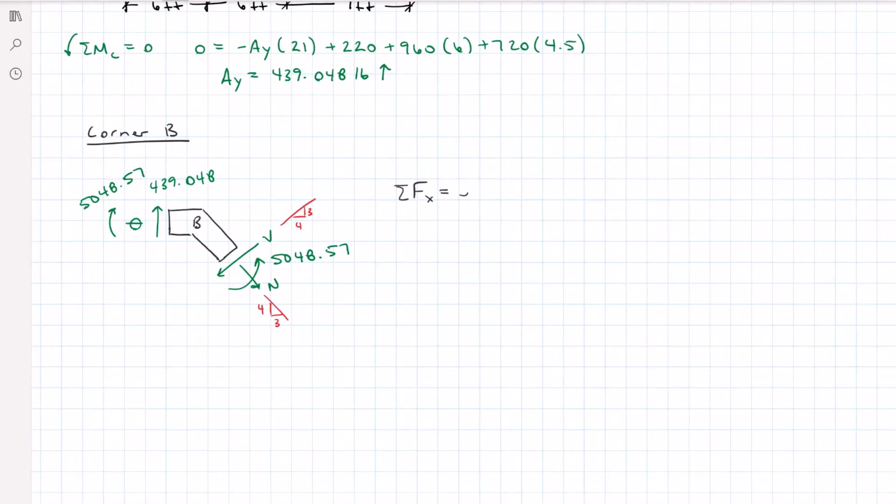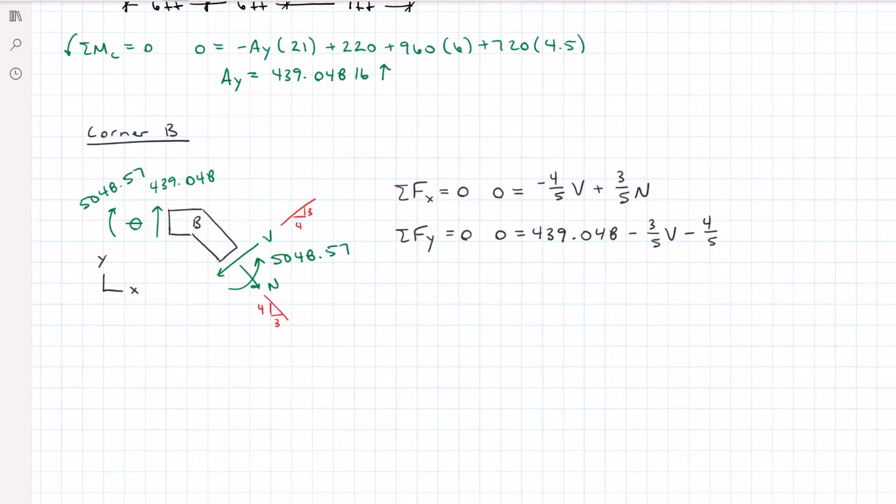Summing forces in the X direction, I'm going to have 0 is equal to minus 4/5 of my shear V plus 3/5 of my normal force N. Summing forces in the Y direction, I'll have 0 is equal to 439.048 minus 3/5 of shear minus 4/5 of normal. Solving simultaneous equations, shear is 263.4 pounds and normal is 351.2 pounds.